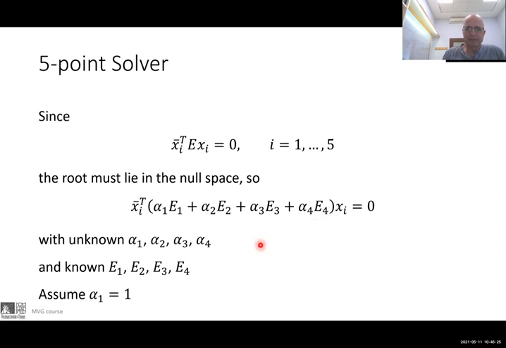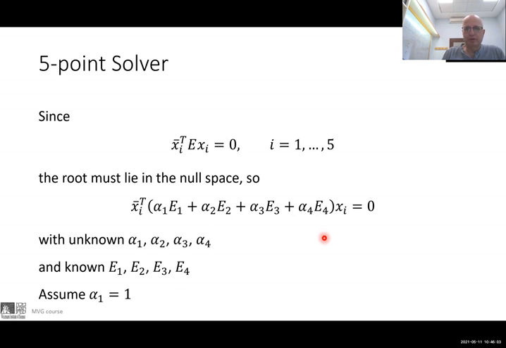Because these equations are homogeneous, I can scale the solution, so I choose alpha 1 to be 1. This would only be problematic if alpha 1 should be 0, but in general it is not problematic. So I'm left with 3 unknowns, alpha 2, alpha 3, and alpha 4.